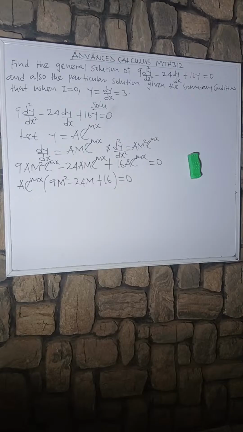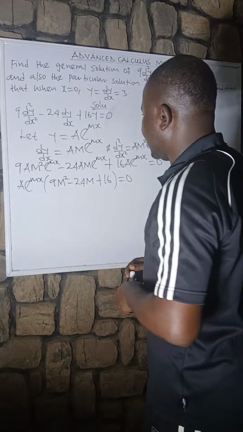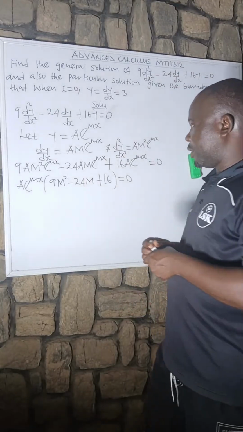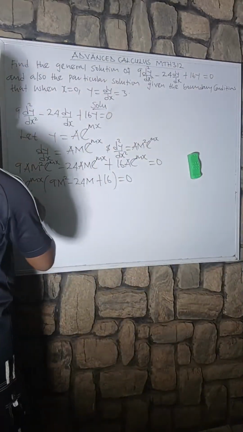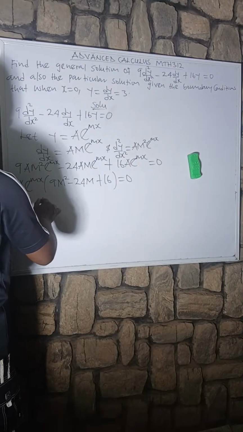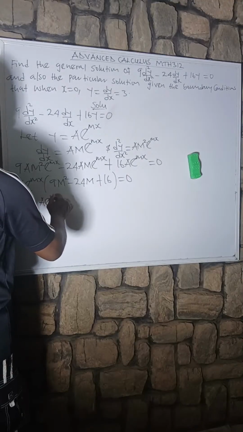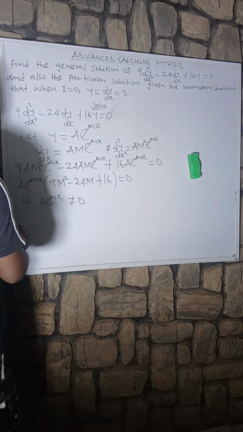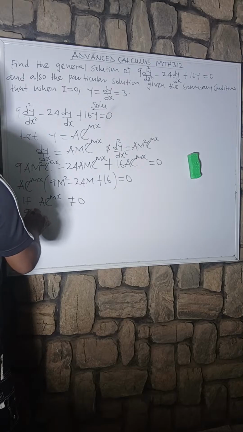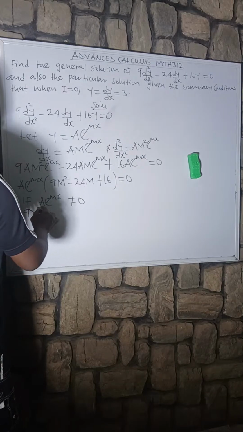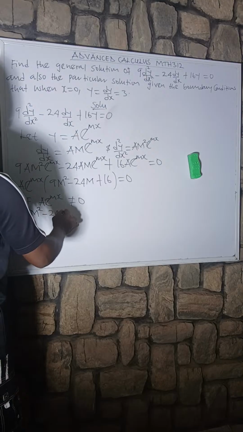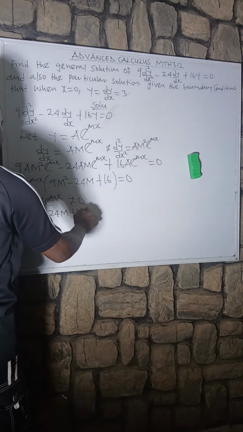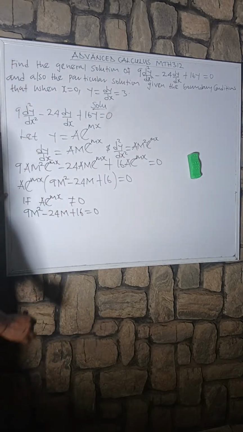Okay. So if you agree with me, let us proceed further to look at it together. It means if a exponential mx is not equal to 0, then what is inside the bracket will be equal to 0. 9m squared minus 24m plus 16 equals 0.